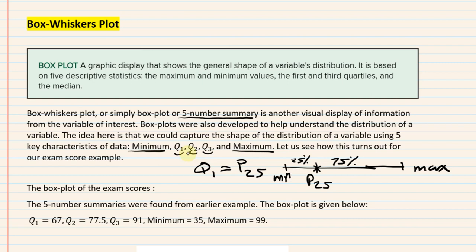So that's what Q1 is. Q2 means 50th percentile. That means 50% below, 50% above, which is indeed the median. And Q3 is called the third quartile. The third quartile value is a value so that 75% are below it and 25% are above that value. So that's what the 5-number summary is comprised of.